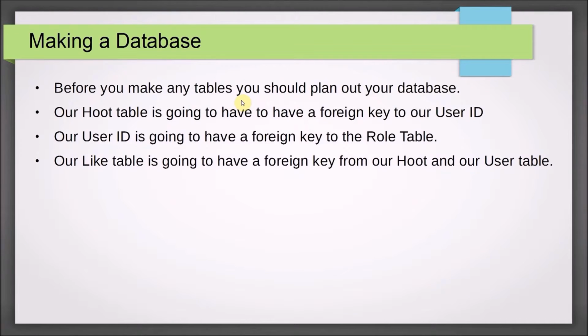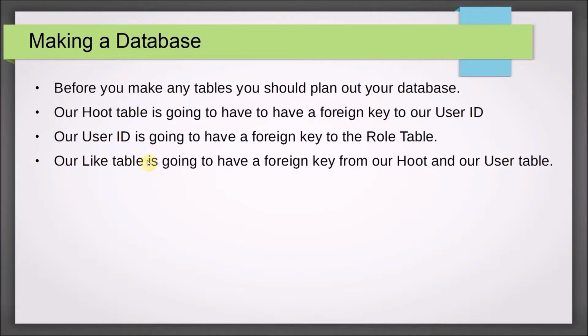Normally first you would plan out the database and figure out how your database is going to work. We know that our Hoot table is going to have a foreign key to our user ID because we have to have an author ID. And we know that the user ID is going to have a foreign key to the role table. We already talked about that for users or admin.